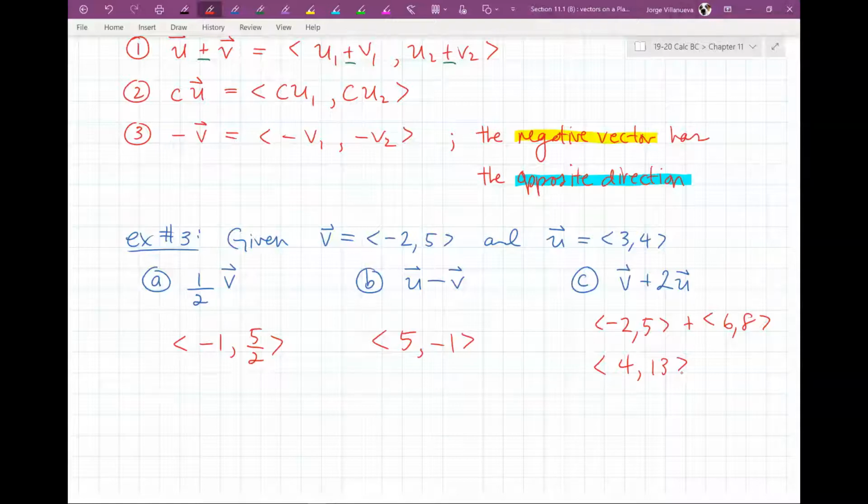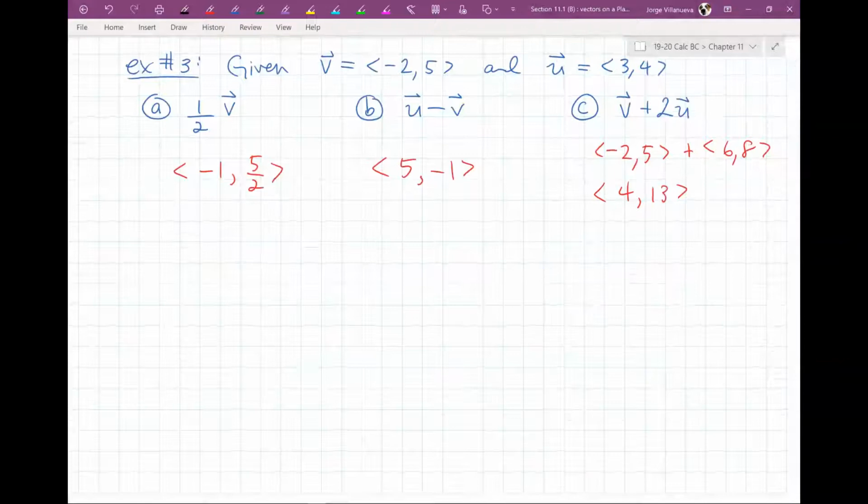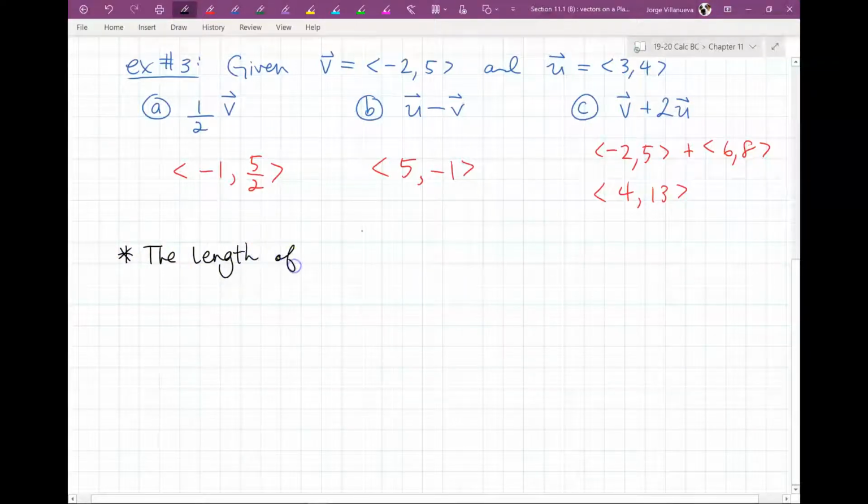Now, there's two quick theorems, which we're just going to call definitions here. One of them is the length of a scalar multiple.